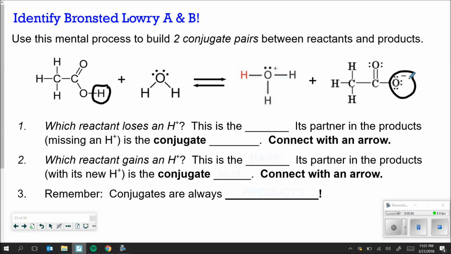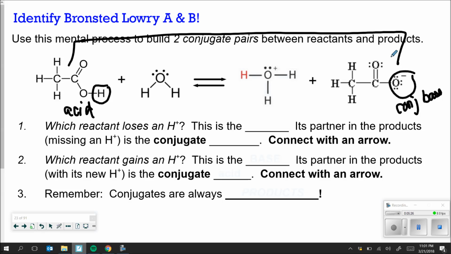So this compound was my acid. It loses my proton, my hydrogen ion. And so this over here is going to be my conjugate base. I see those two as partners, so I'm going to draw a line to show that pair.